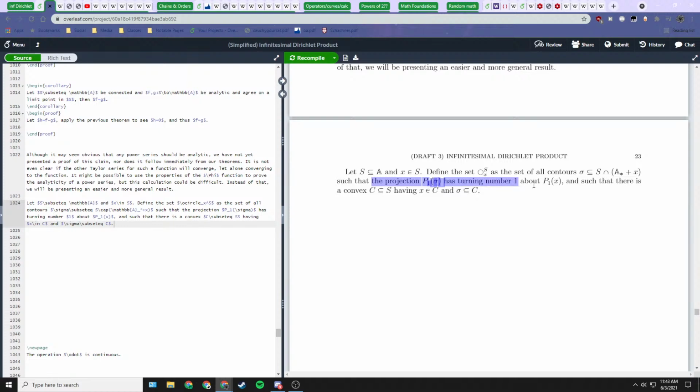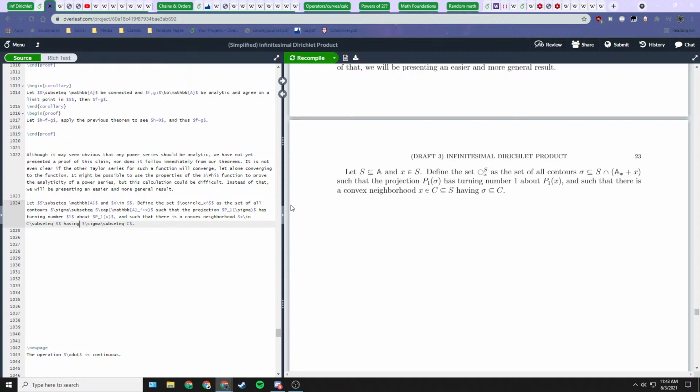The second condition says, in addition, it takes one counterclockwise loop around X. And the last condition says, in addition, there's this convex set C, which we want to be a convex neighborhood of X, having sigma a subset of that convex set C.